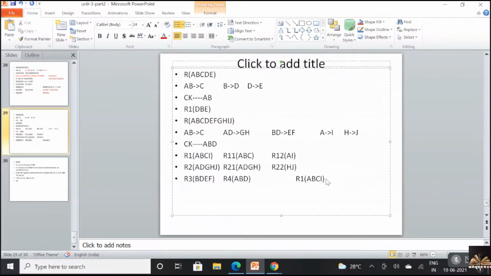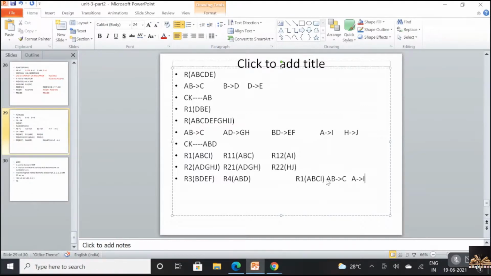So what are the FDs that are being covered? AB implies C, followed by A implies I. Is AB part of a super key? No. Is C a prime key?